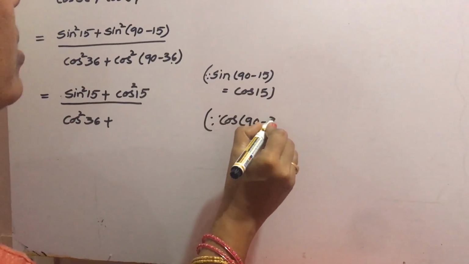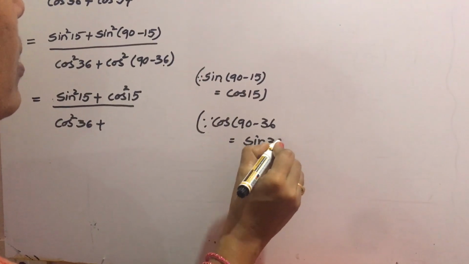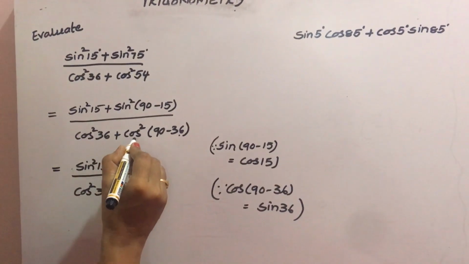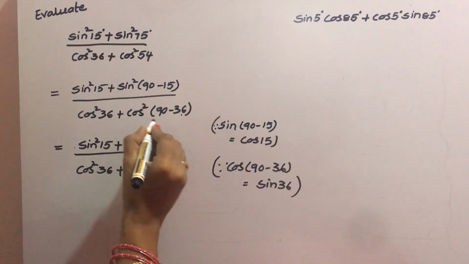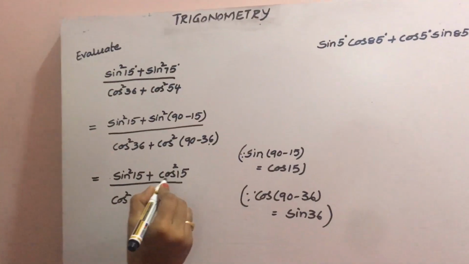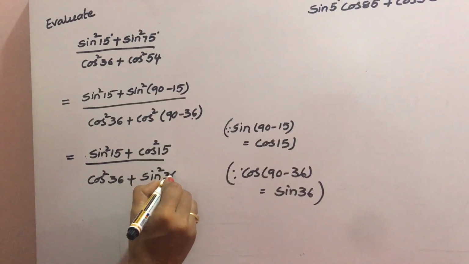Cos (90 minus 36) is equal to, we know, sin 36. Here we are using this complementary angle. Here we have cos square (90 minus 36), that's why we are writing sin square 36.